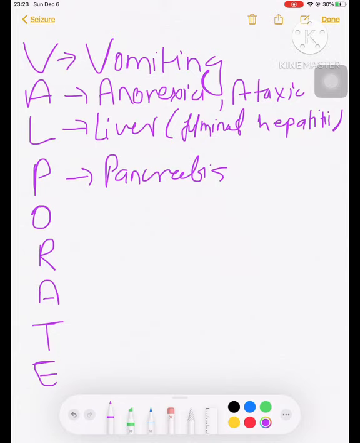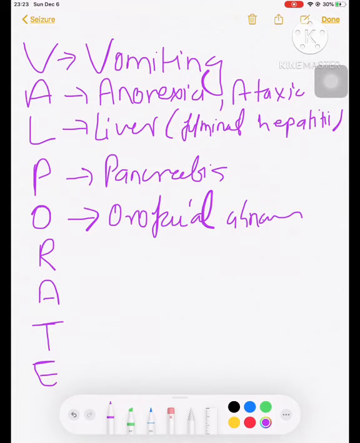O is for orofacial abnormalities. That is a teratogenic effect, but remember that the major teratogenic effect of valproic acid is spina bifida.